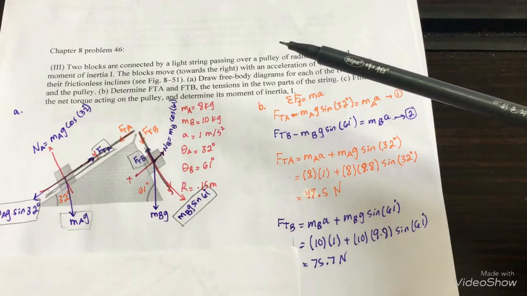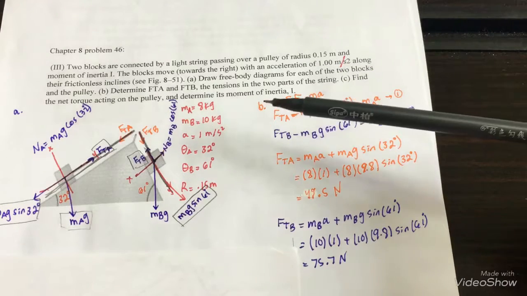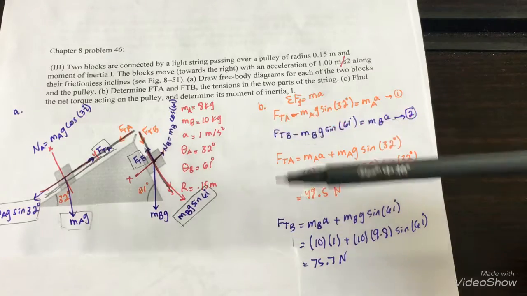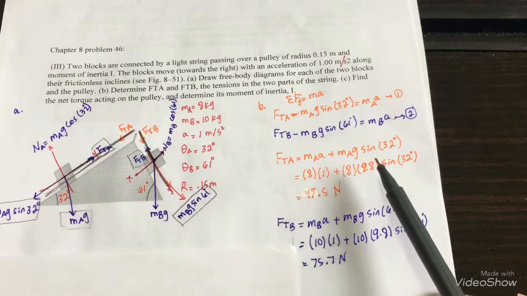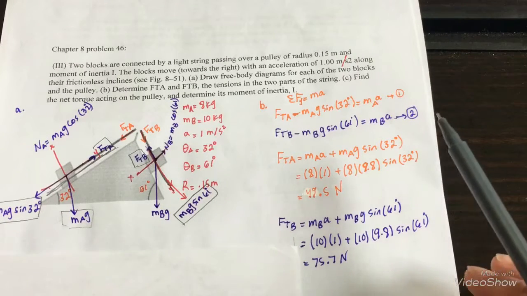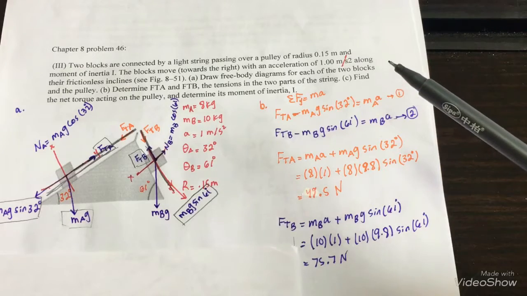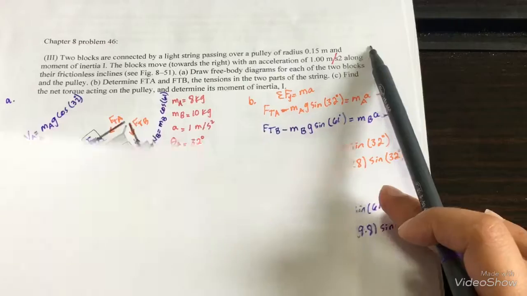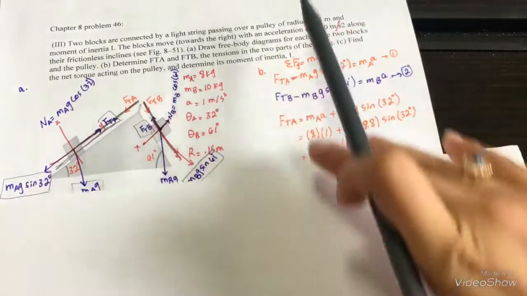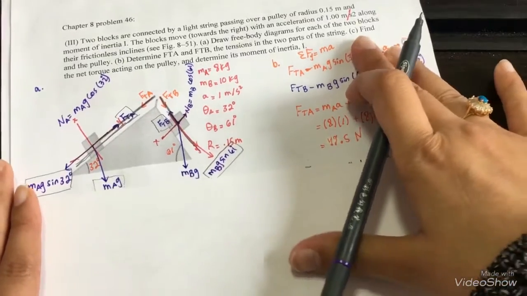Now we are going to find the net torque, and then we are going to find the inertia. We know that the net torque could be calculated using the following equation. I'm going to use another sheet because I don't have that much room.